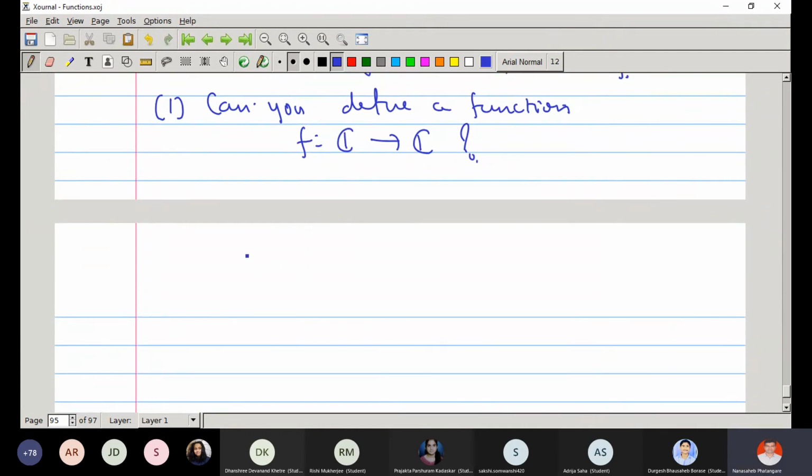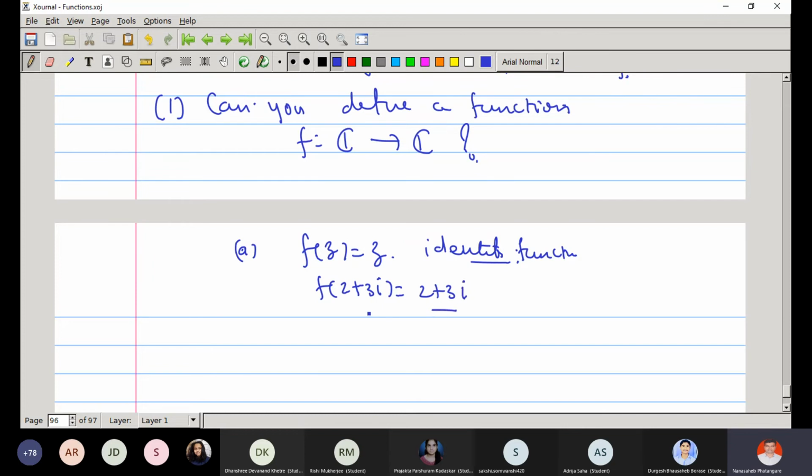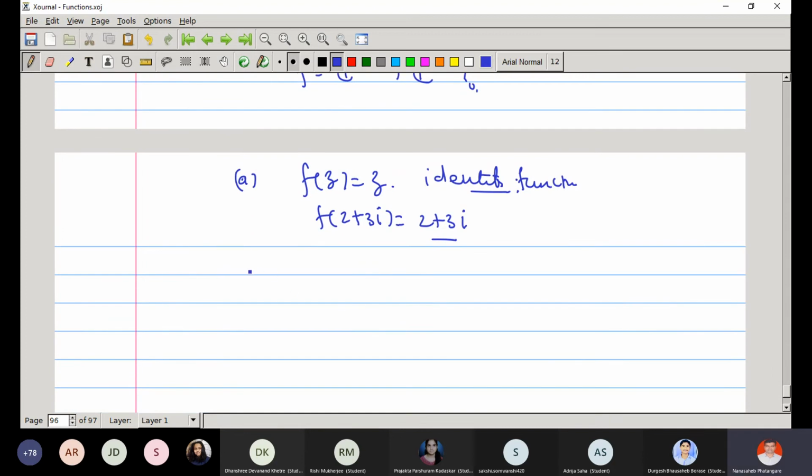What is the trivial example? f of z is equal to z, the identity function, right? That means f of 2 plus 3i is 2 plus 3i. So it is a function from complex to complex, correct?